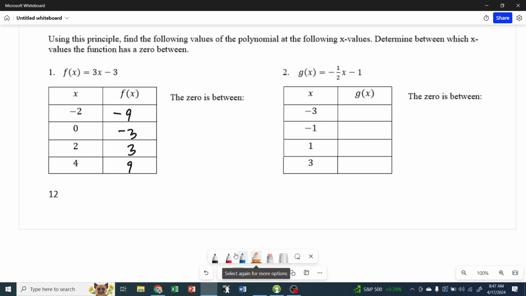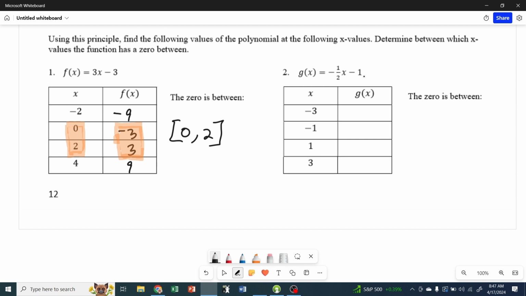So we can look here and we can see that between the values of 0 and 2, this function changed signs from negative to positive. So we would state that the zero is somewhere between 0 and 2. And that's how we write it in interval notation.